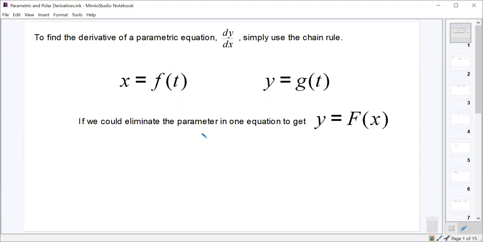Our goal is to be able to find the derivative dy dx of a parametric, which is x equals some function of t and y equals some other function of t. Okay. So what we want to try to do is we want to try to eliminate the parameter in one of the equations to turn it into y equals capital F of x.